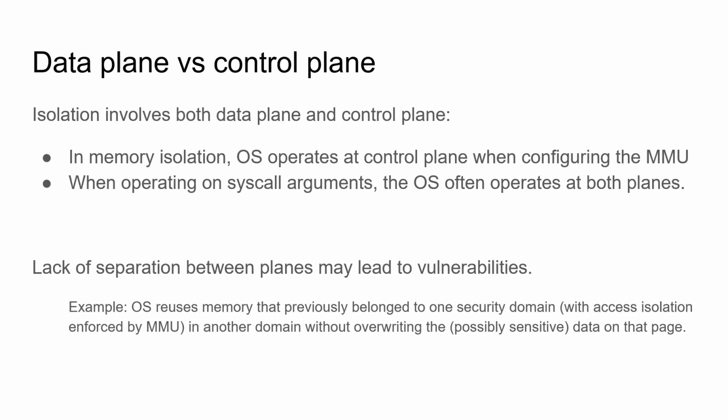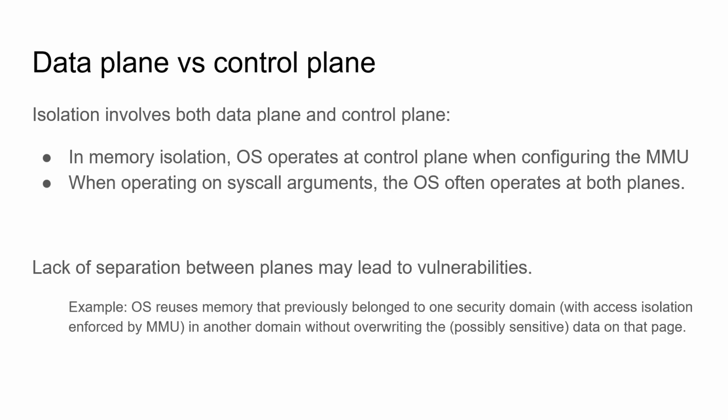Now, not clearly separating these two planes may lead to vulnerabilities. And here's an example where an operating system may use that memory that it made available to one process, to one security domain first, where all of it was properly configured using the MMU to safeguard all the accesses. It reuses that memory for another security domain, for another process perhaps.